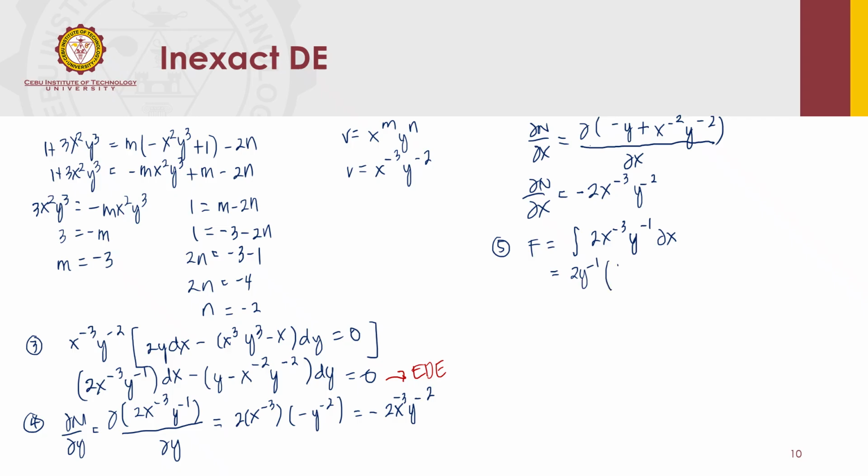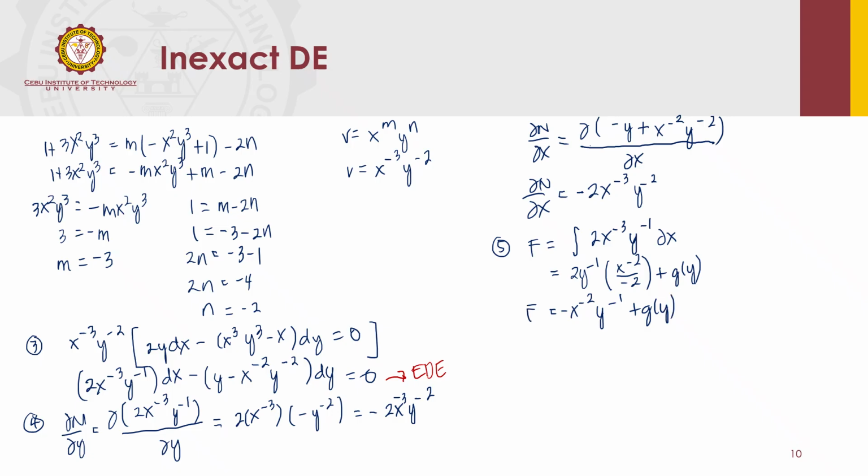It's x to the negative 2 over negative 2. And the constant of integration rather is y. So it's negative x to the negative 2, y to the negative 1, plus the g of y that we need to solve for.